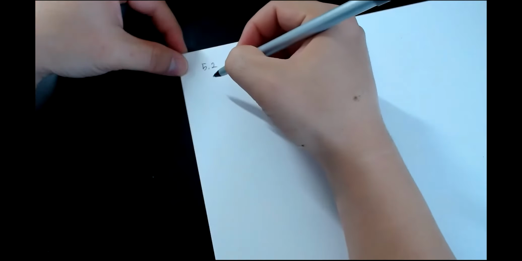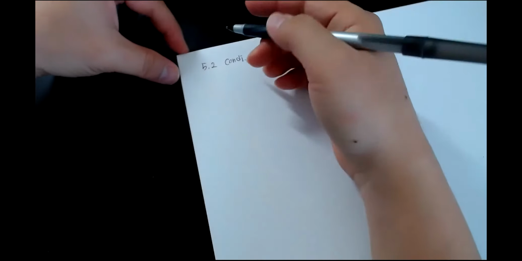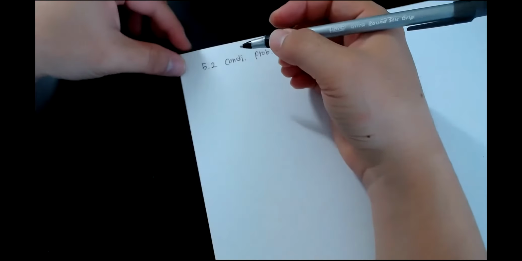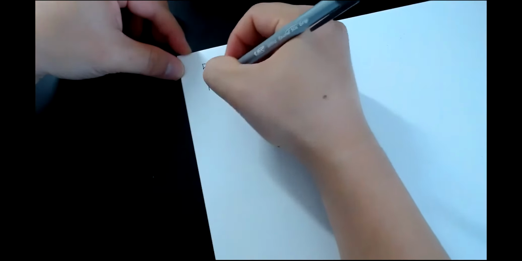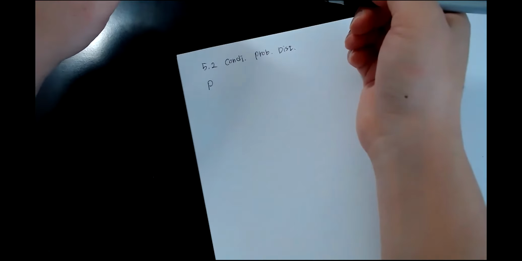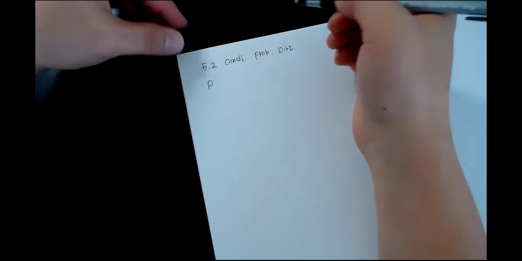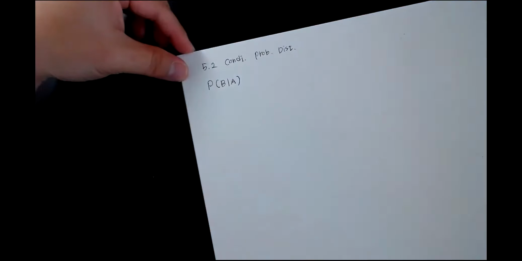In chapter 4, we learned the conditional probability with one random variable, right? Now if we just extend that concept to the conditional probability with two random variables.